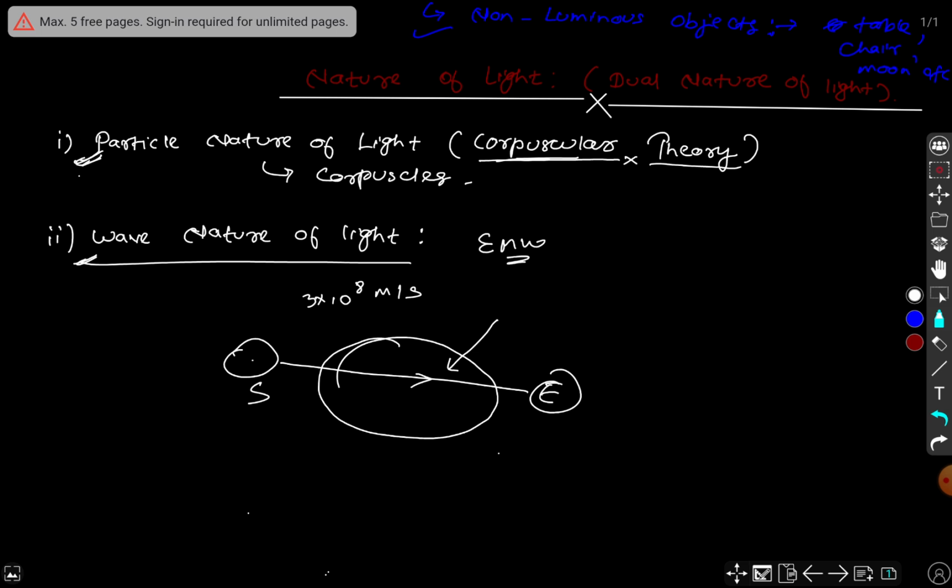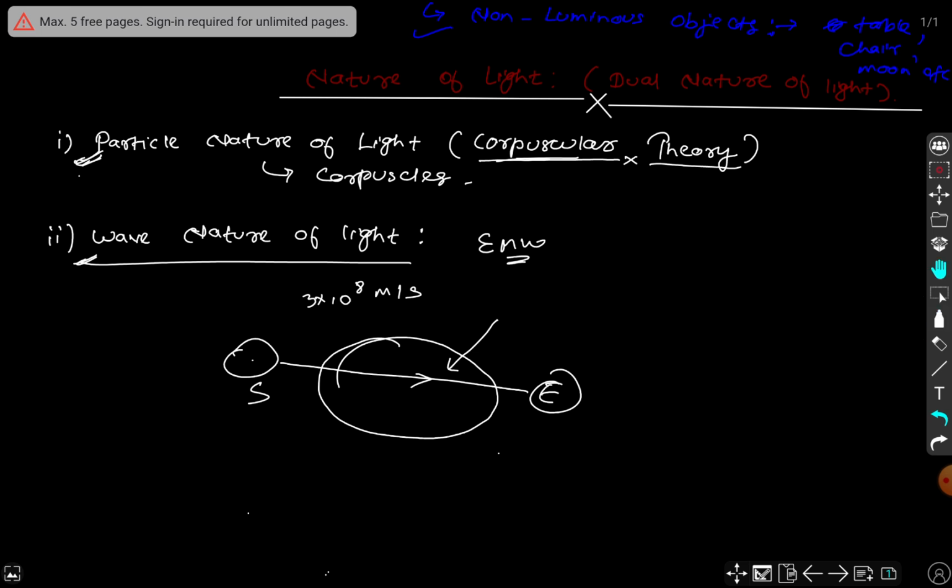Later, another very famous scientist of the 19th century, Einstein, by his very famous experiment, the photoelectric effect, showed that light is made up of particles. Meaning he once again proposed the same opinion that was earlier mentioned by Sir Isaac Newton, that light is made up of particles.